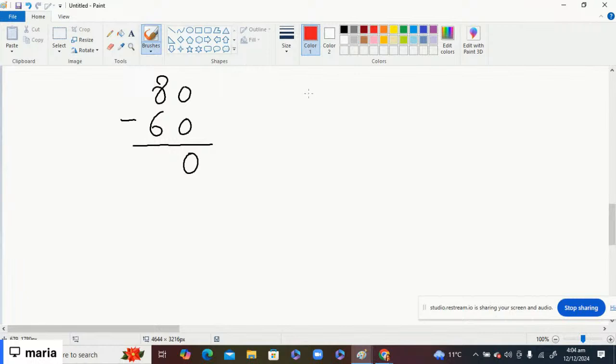Here you draw the 8 lines. 1, 2, 3, 4, 5, 6, 7, and 8. Now how many lines do you remove? 6 lines. Let's remove them. 1, 2, 3, 4, 5, and 6. How many lines are left? That is 1 and 2. So putting 2 here. And this is 20. That is your answer. Okay.